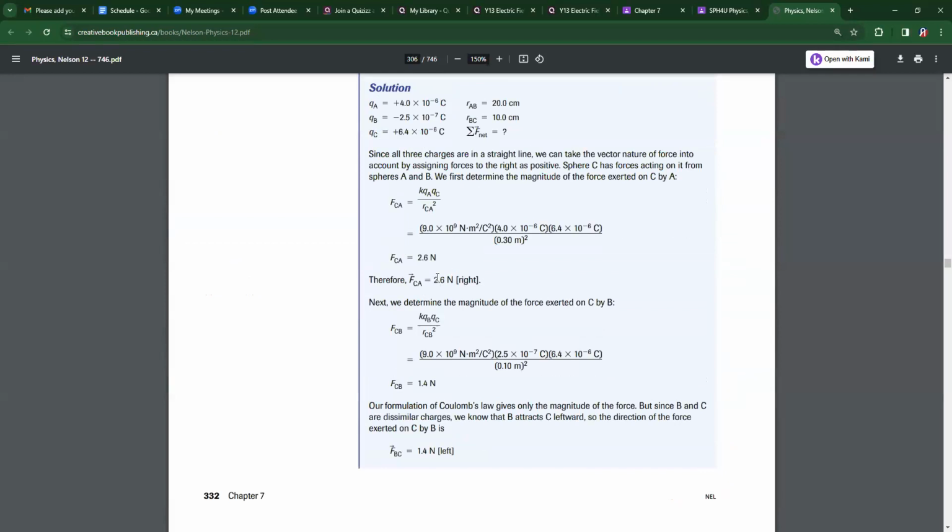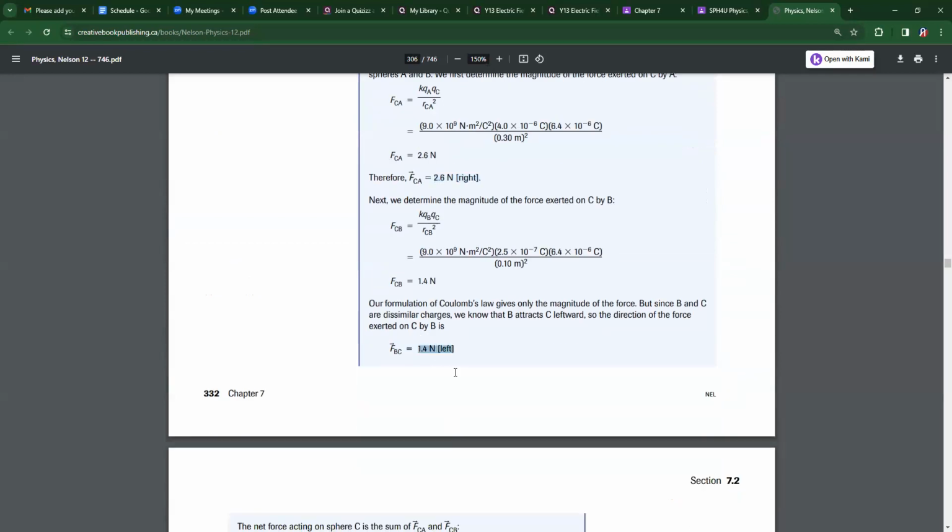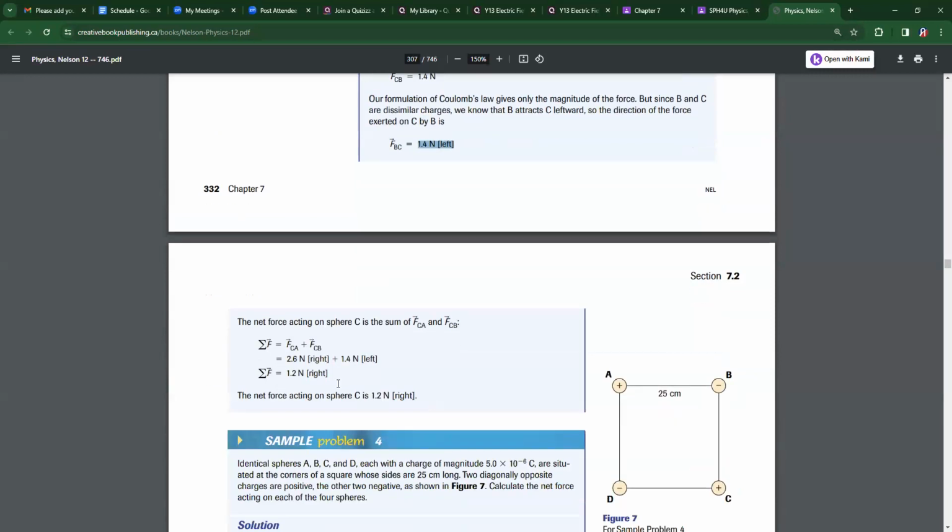To the right was 2.6 and to the left 1.4, so the bigger vector is to the right and the final result will also be to the right. When we add two vectors in opposite directions, it's basically subtraction. So 2.6 newtons to the right minus 1.4 newtons to the right gives you 1.2 newtons to the right, the direction of the larger vector.